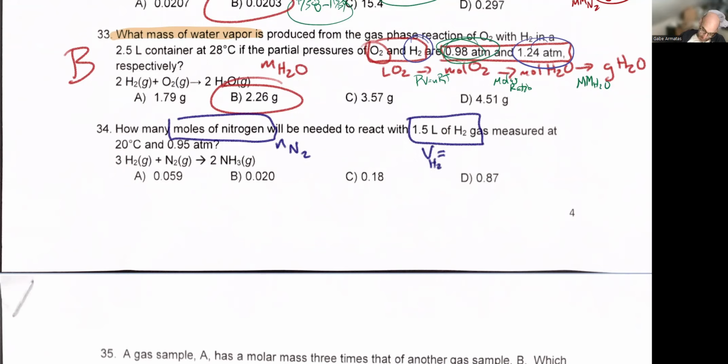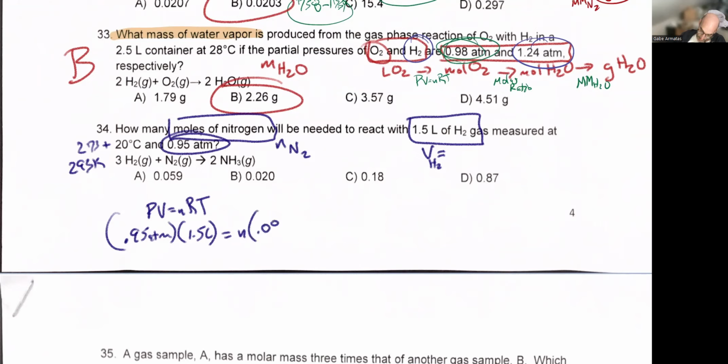Gas measured at 20 degrees Celsius, plus 273. We always need Kelvin. So 293 K and 0.95 atmospheres. So PV equals nRT. My pressure is 0.95 atmospheres. My volume has to be in liters, and I do have 1.5 liters. I'm looking for moles of hydrogen.